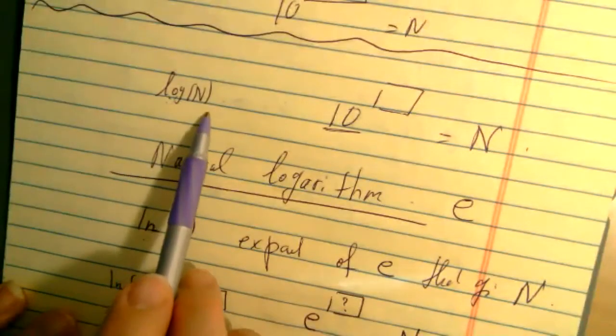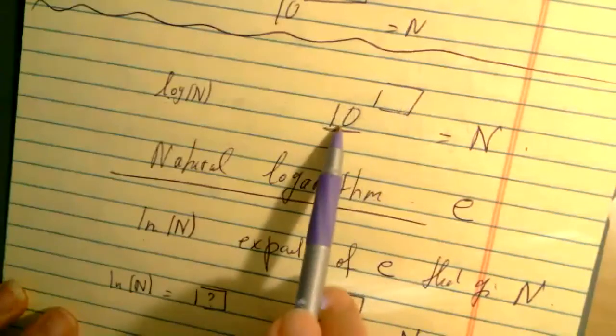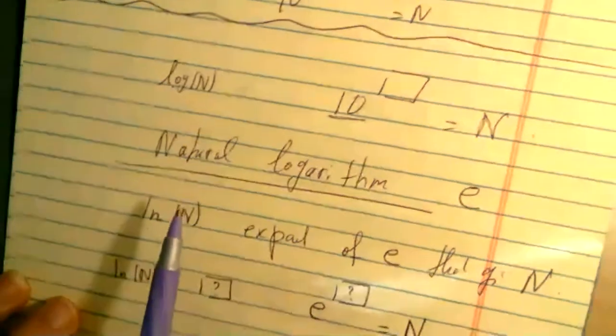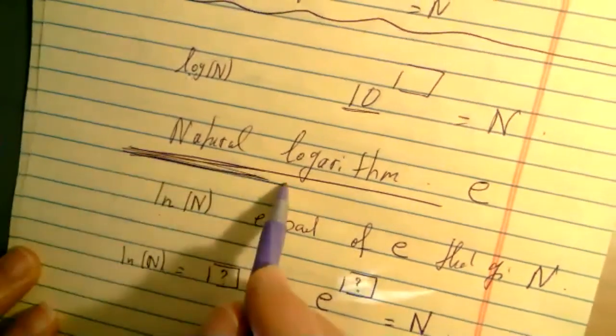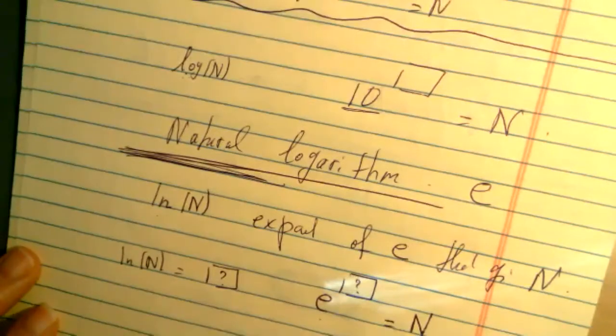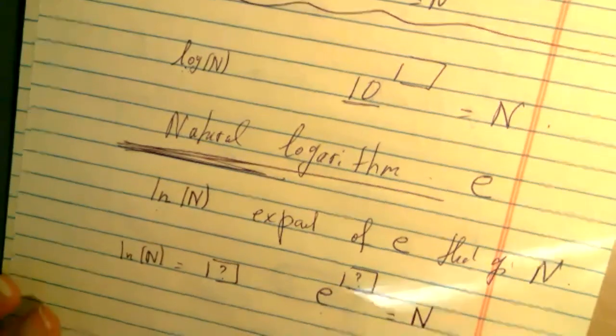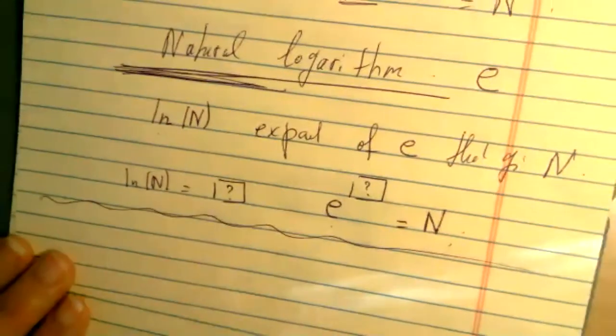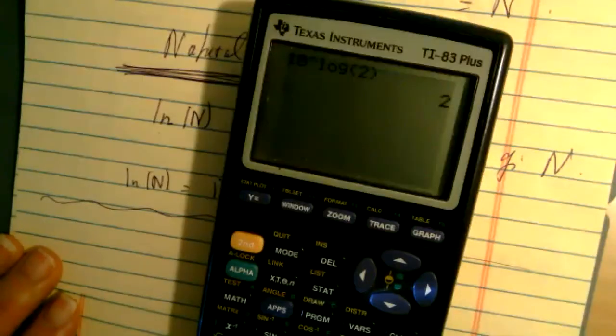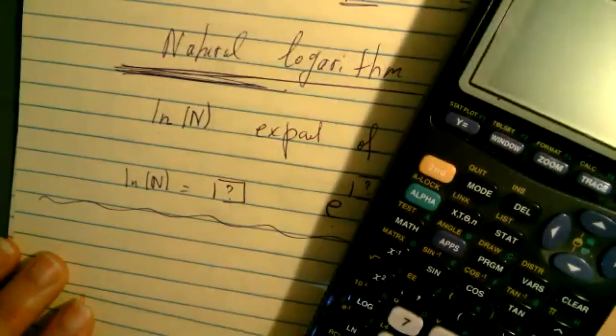Log n is the power of 10 that gives you n back. To be honest, the one that you will use the most is this one, more than the first one. This is going to be used tremendously, a lot. So let us play again with that. Suppose I pick up my calculator again, and I want you to locate the ln button on your calculator.